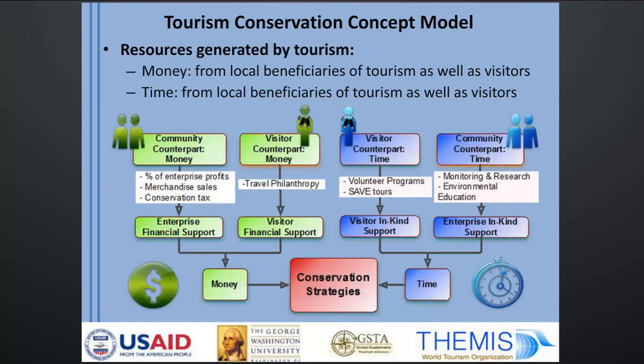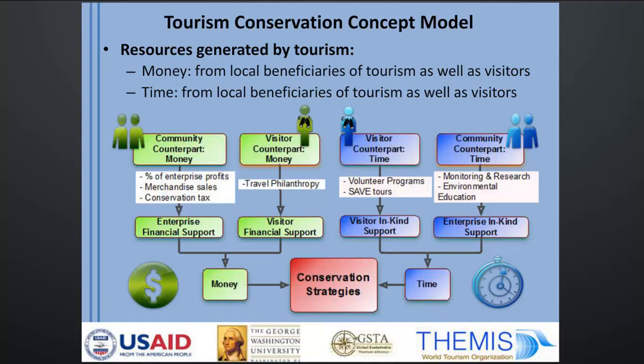So looking at this graph from left to right, on the left in green, we see the path that money can support, how money can support conservation strategies. On the very far left, we see the community contributions of money that comes from successful tourism enterprises in parks and protected areas. Can include everything from percentage of year-end profits of enterprises to money generated specifically from the sale of certain products like conservation-themed merchandise, as well as mandatory costs such as conservation taxes.